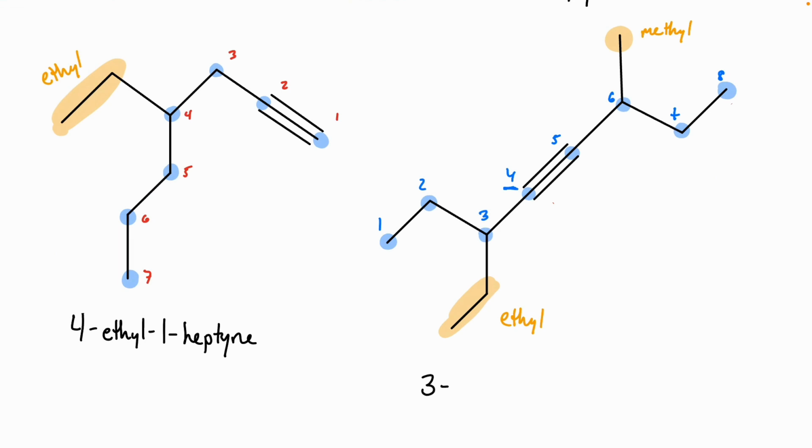So 3 ethyl, 6 methyl. My triple bond is located at carbon 4, and this is an 8 carbon alkyne, so 4 octyne.